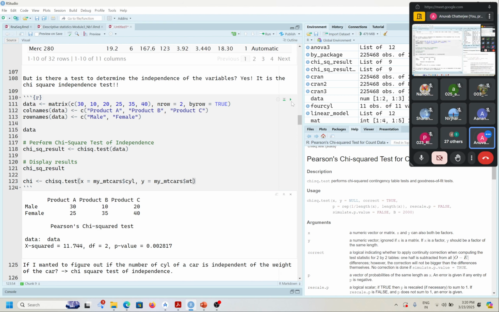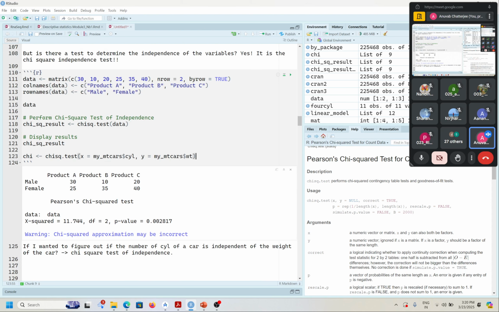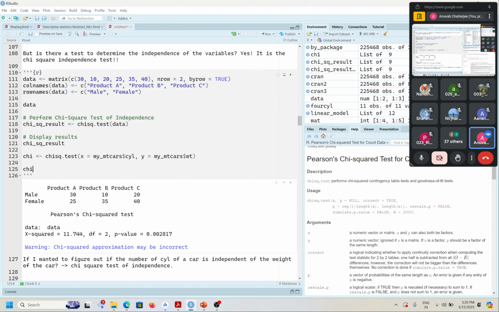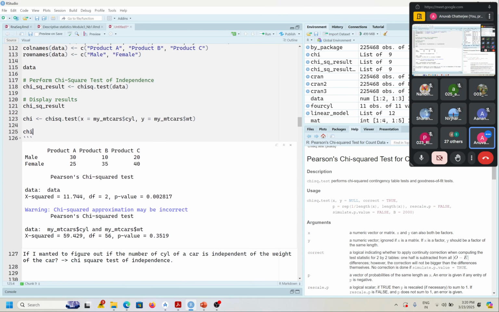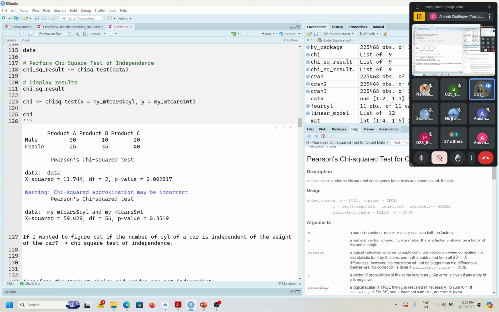It should run. It has run. And if I do this, yes, sir. Now I'm getting the p-value 0.002817. Actually, earlier the data was taken as 10, 20, 30, then 25, 35, 40. Now I've put in the correct order of data and I'm getting the same p-value. Okay, that's nice.